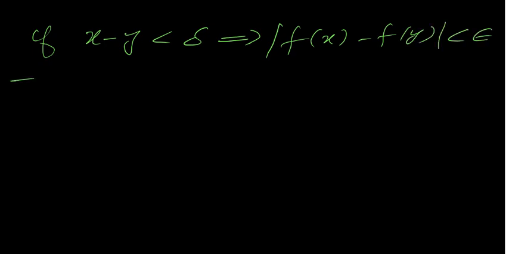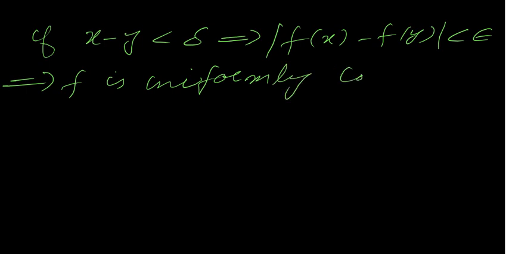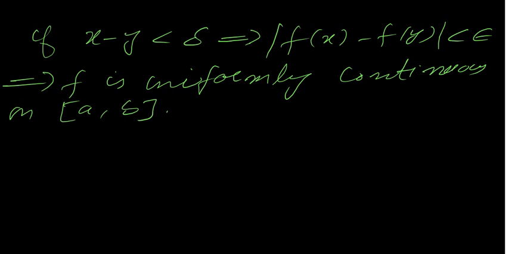So this implies f is uniformly continuous on the closed interval AB. So that proves that every absolutely continuous function is uniformly continuous.